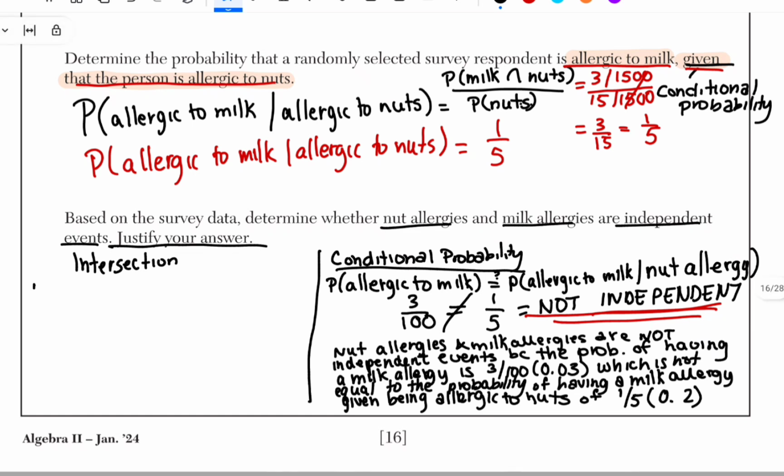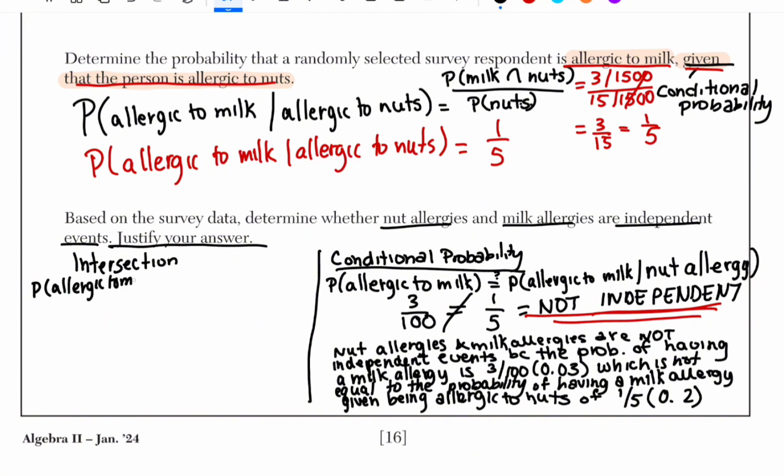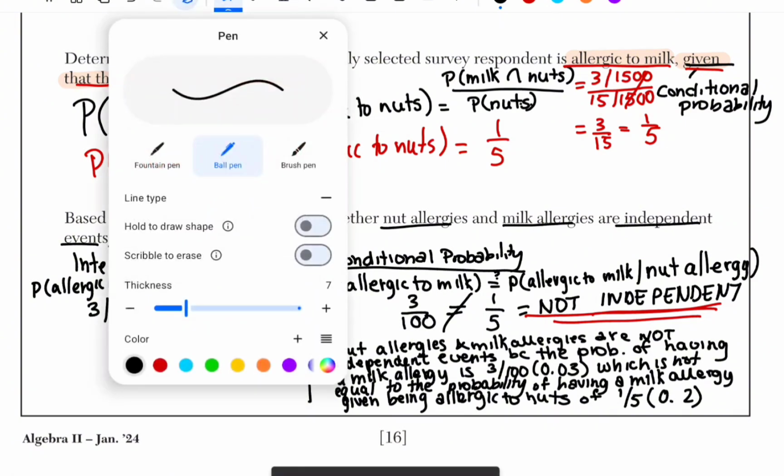But what I mean is that the probability of events, so of being allergic to milk and nuts, is equal to the probability of having a milk allergy times probability of having a nut allergy. So if you look back at our table, we know that the probability of being allergic to nuts and milk is 3 over 1,500.